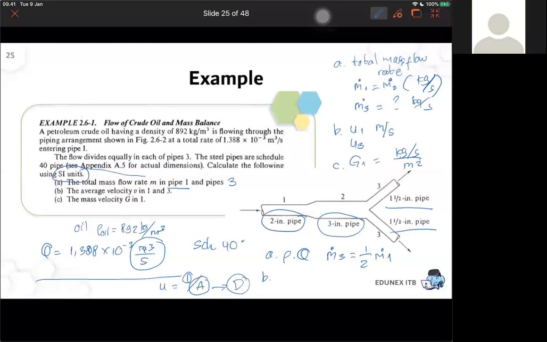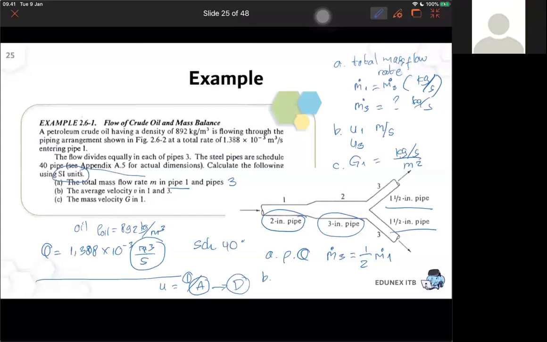And also the diameter is the diameter of the inner thickness, right, sir? So the outer diameter minus 2 times the thickness, is it, sir? Depending on the table. If from the table you already get the value of inside diameter, then you just use the value. But if you only get the value of outside diameter and the thickness, then outside minus 2 times thickness. Okay, sir.